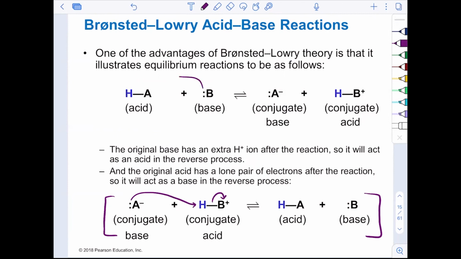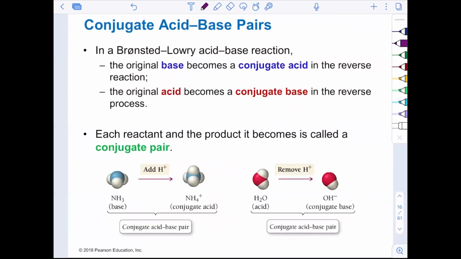So whereas the forward proton transfer occurs, the backwards proton transfer can also occur. The original base becomes the conjugate acid, and the original acid becomes the conjugate base. Each reactant and product is called a conjugate pair.